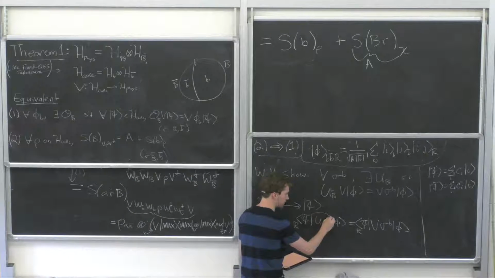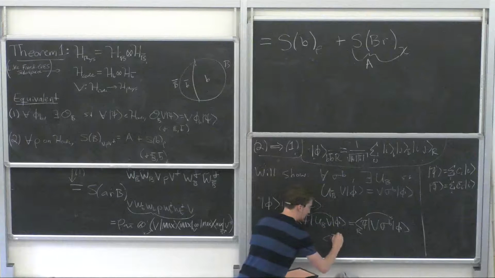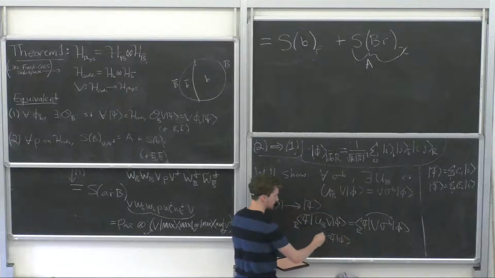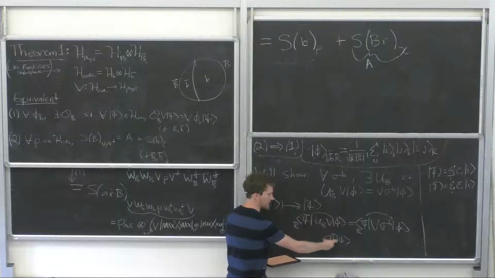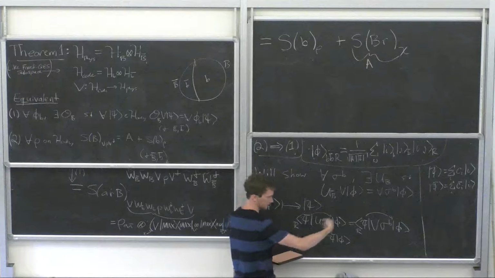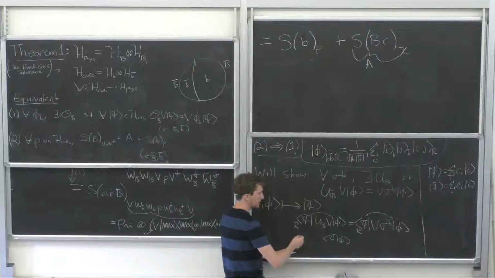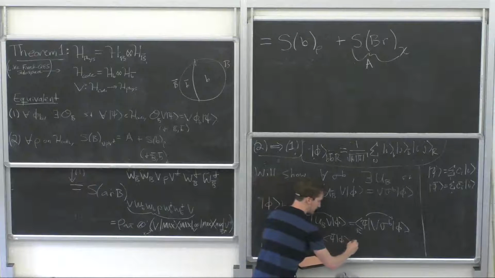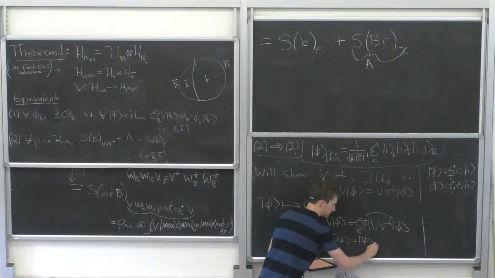So you just go straight through, and then you get psi bar phi on both sides, and then U_B V acting on it on the left side, analogously for the right side. And then you use the fact that psi bar phi equals psi on little b bar.